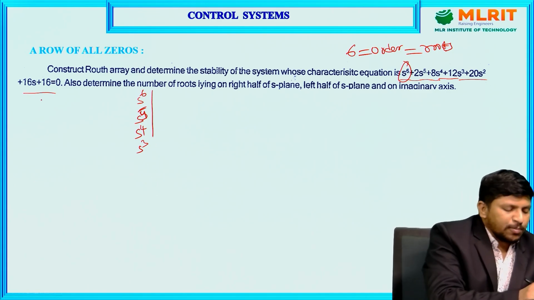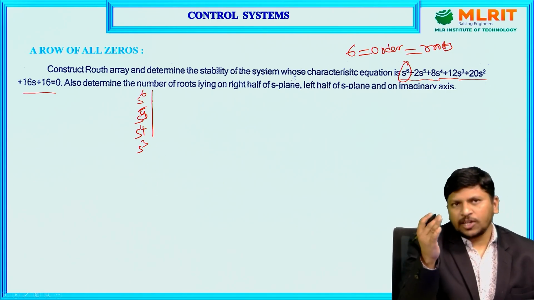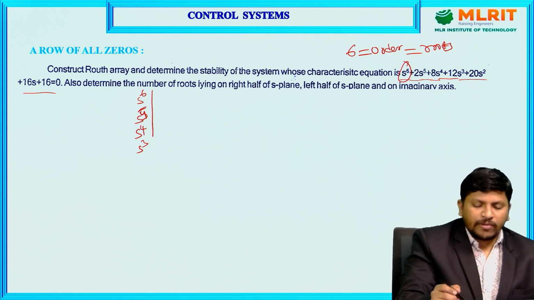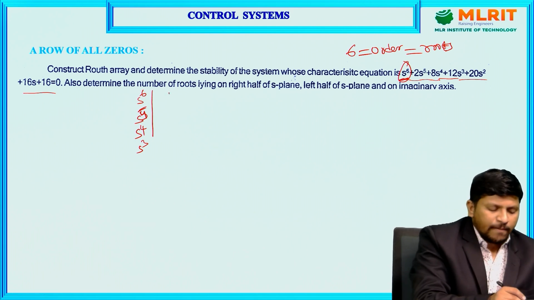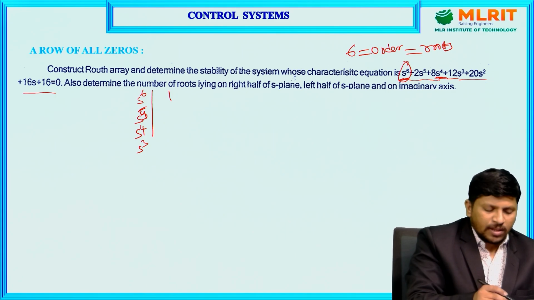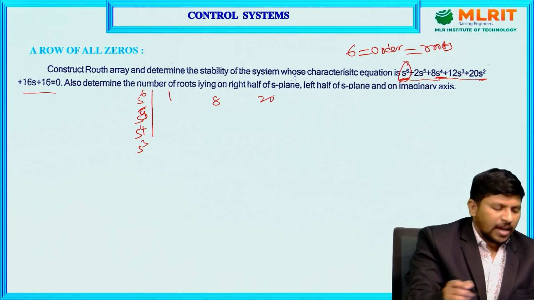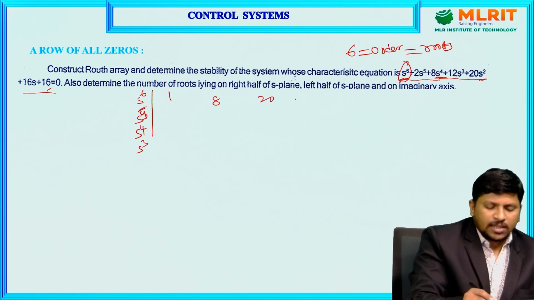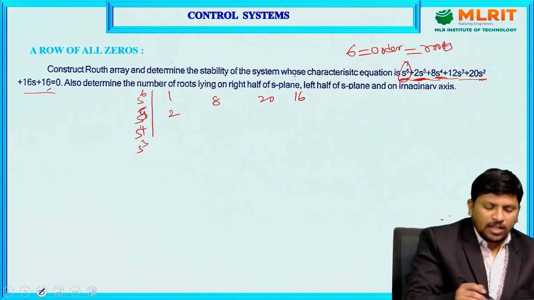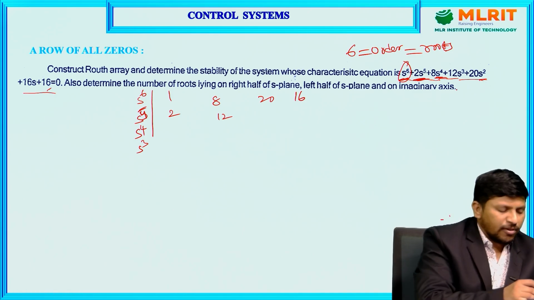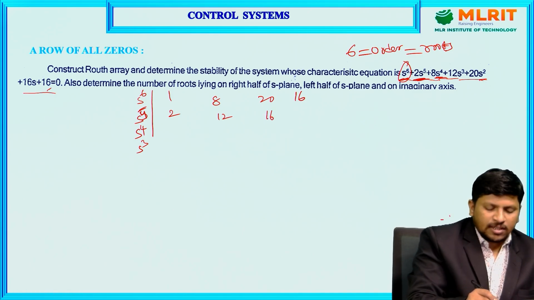S power of 6 is even, so the even power coefficients are: s power of 6, 1; s power of 4, 8; s power of 2, 20; and s power of 0, 16. Then the s power of 5 row has odd power coefficients: 2, then s power of 3, 12, and s power of 1, 16. Any more elements? No, so consider them as 0.